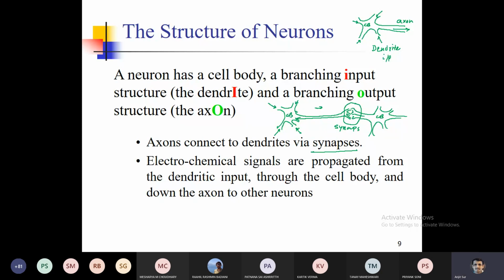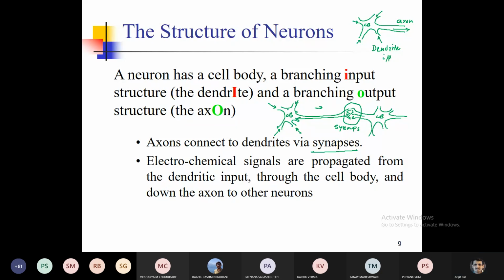If the inputs change this chemical balance, then the neuron is excited and releases another sensory output, again an electrical signal.